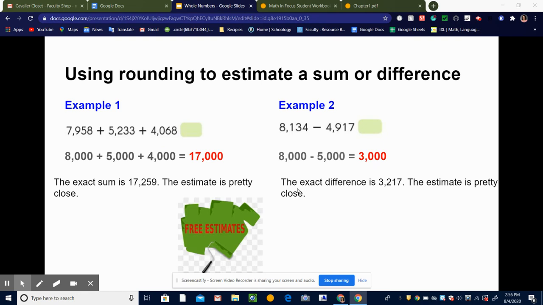Just so you know, the exact difference, if I were to subtract these numbers here, I get 3,217, which is pretty close to my estimate. That's what we're going for, a number that's pretty close, gives us a general idea, but is still numbers that we can work with in our head.